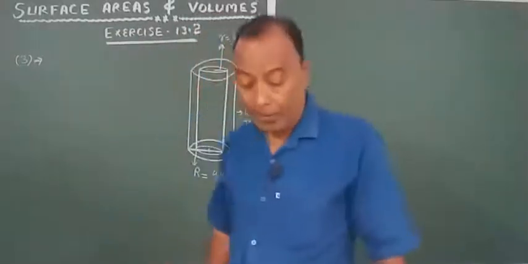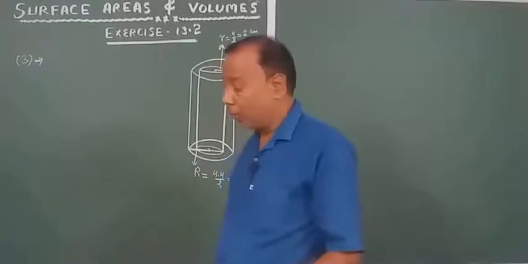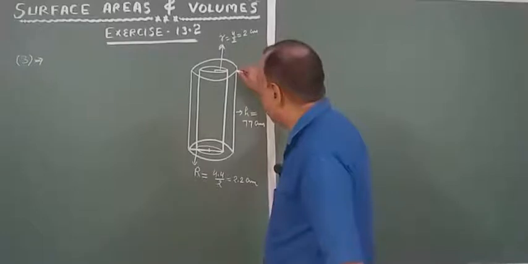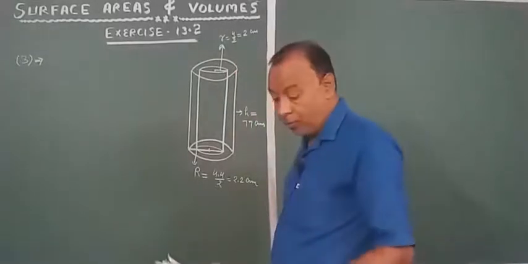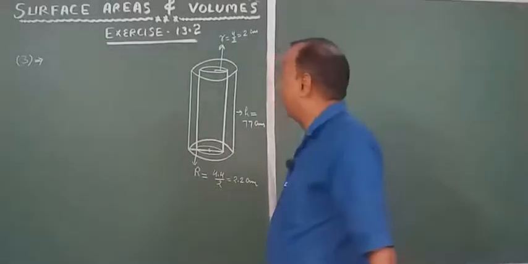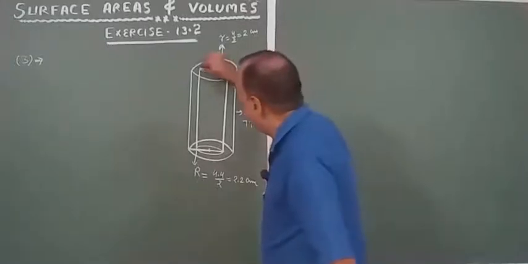Now this is question number 3. A metal pipe is 77 centimeter long. This is the metal pipe, and this is 77 centimeter long. The inner diameter of a cross section is 4 centimeter, from here to here.